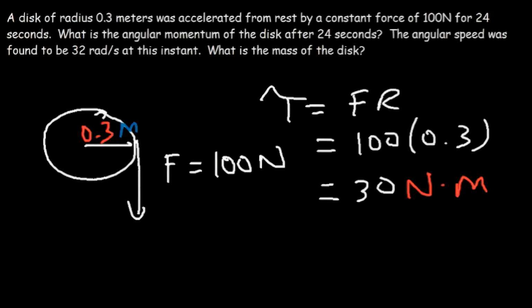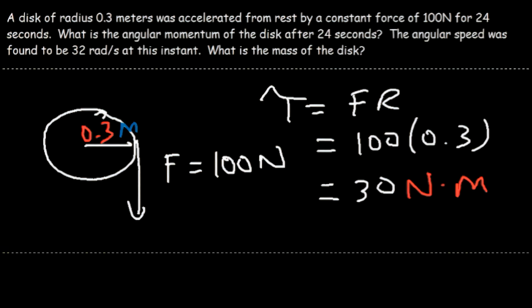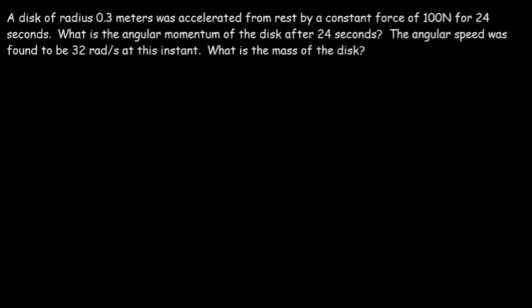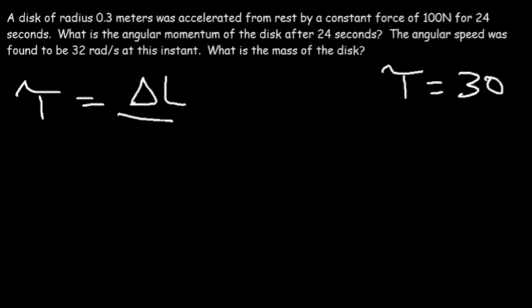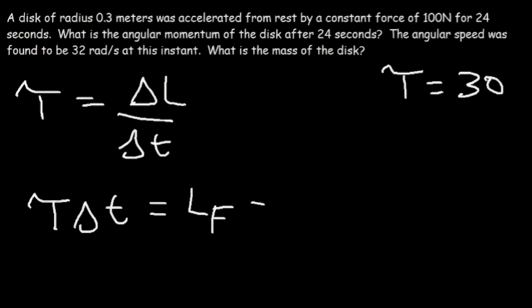Now that we know what the torque is equal to, we can calculate the angular momentum. So we know that the torque is the change in the angular momentum divided by the change in time. So the torque multiplied by the time is equal to the final angular momentum minus the initial angular momentum.